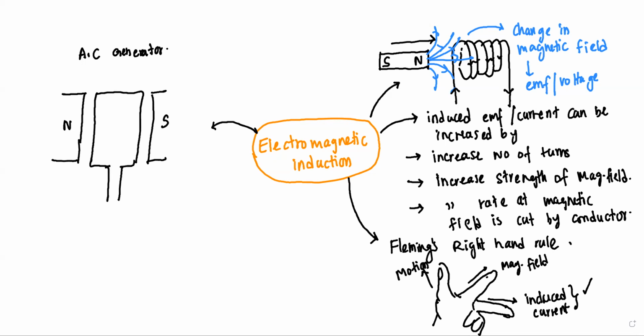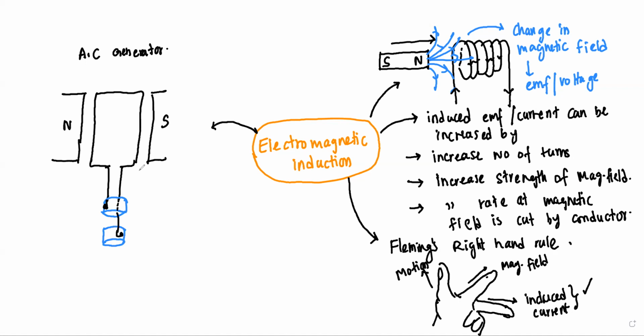The coil is connected to a special connector which we call slip rings. There are two rings. Usually one connection is connected to one ring, and the other connection is connected to the other ring, so that one ring is for the positive terminal and one ring is for the negative terminal.